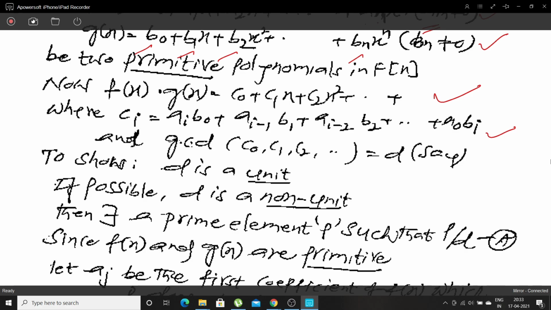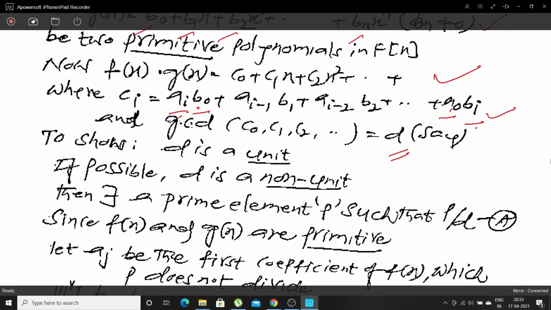You see, ai b0, at the end you get a0 bi. Initially ai, here bi, b0, here a0. And we know that the GCD of the coefficients is 1, therefore the GCD of C0, C1 and so on, let me take this one as D. We have to show that D is 1.